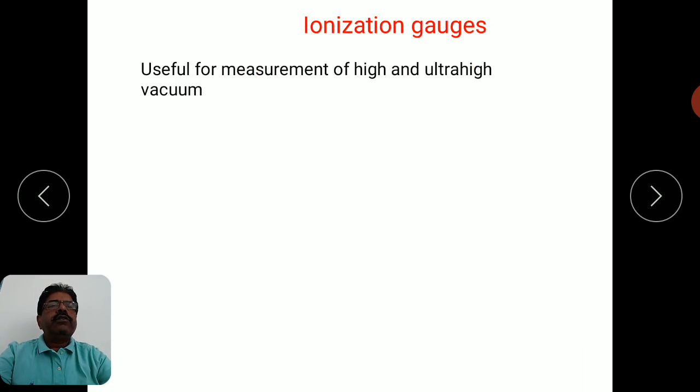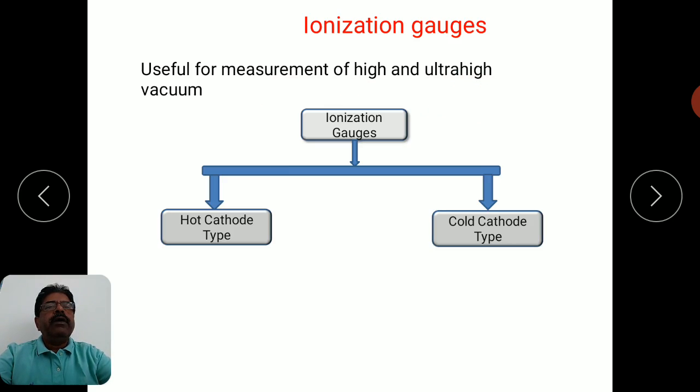So first of all, the use of this ionization gauge, basically it is used for measurement of high and ultra high vacuum. So ionization gauges you can classify into two categories or two types: hot cathode type of gauges and cold cathode type of gauges.